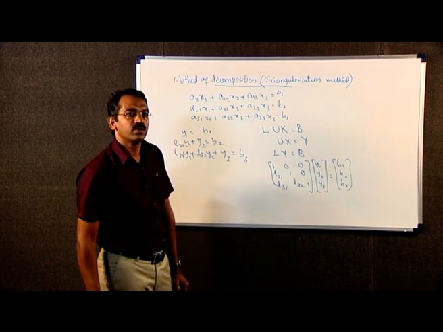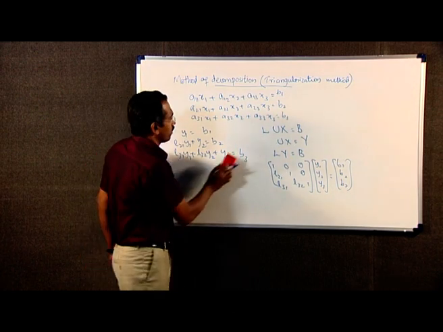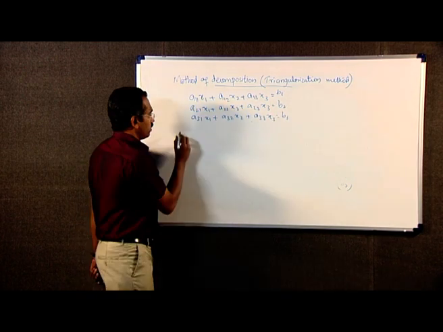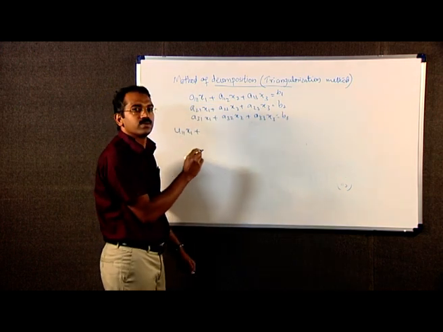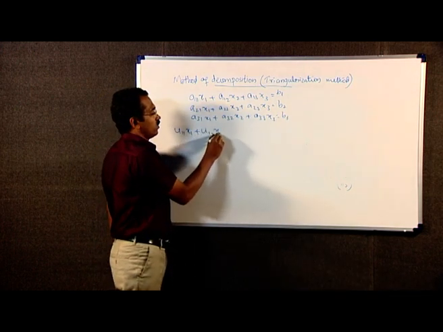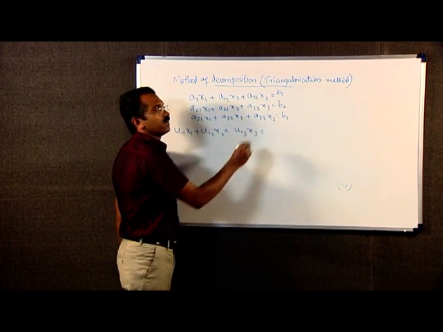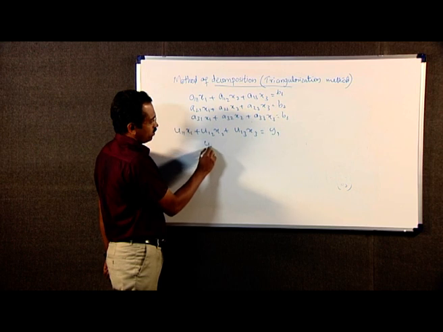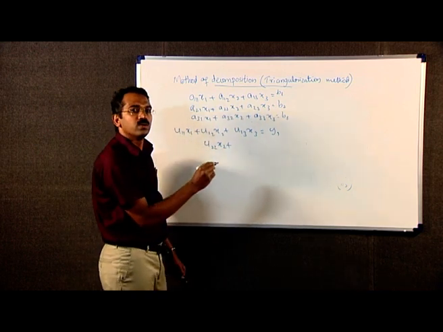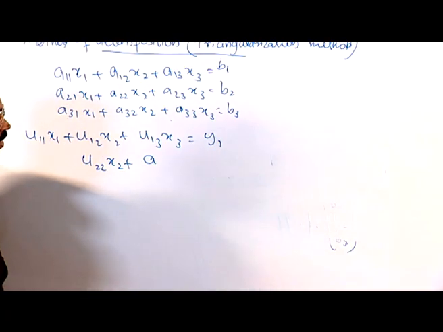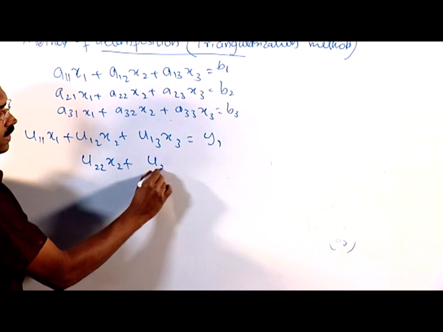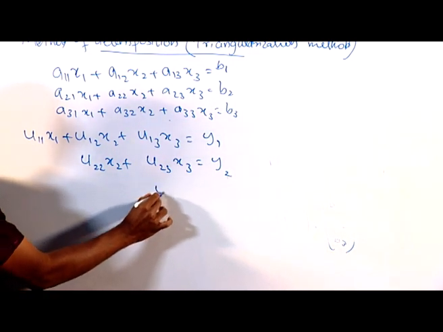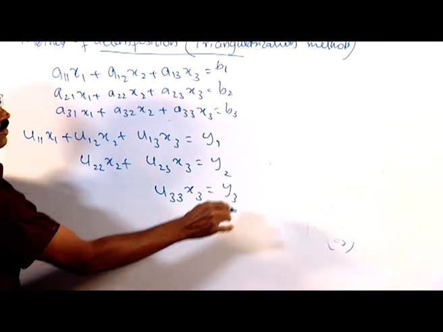When y is known, the system becomes u11 x1 plus u12 x2 plus u13 x3 is equal to y1, u22 x2 plus u23 x3 is equal to y2, and u33 x3 is equal to y3.